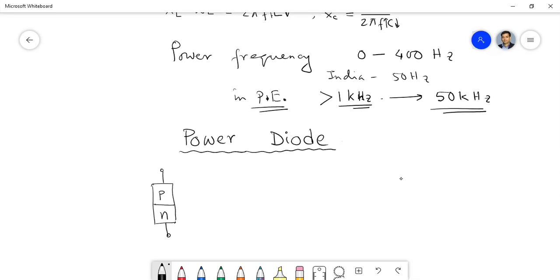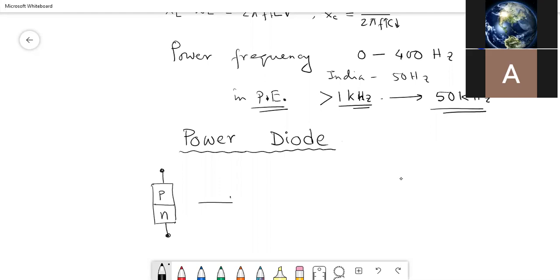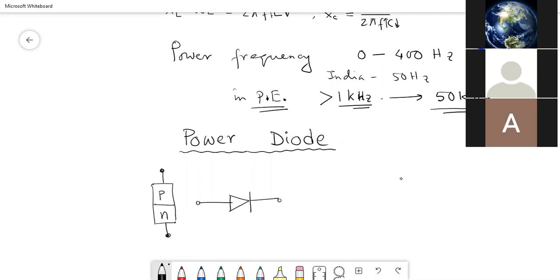And what is the anode and cathode? Which one is the anode? Can you tell me? The N side is connected to the negative terminal, so that is the cathode.